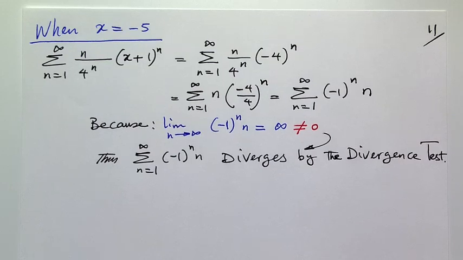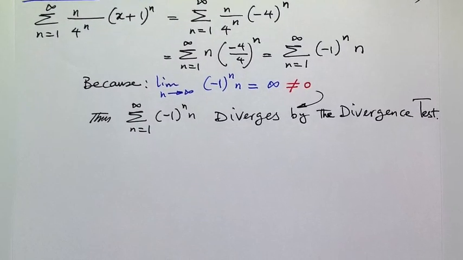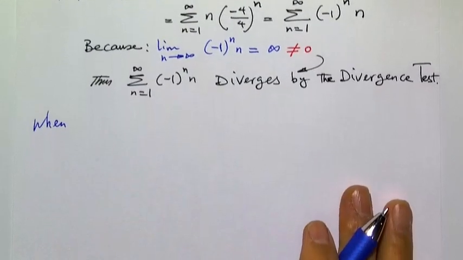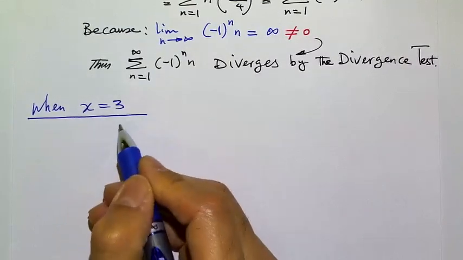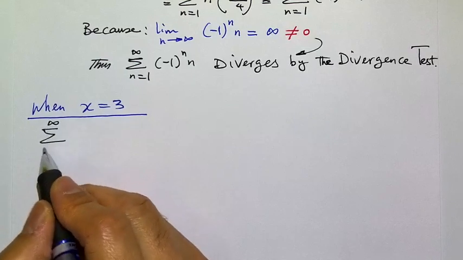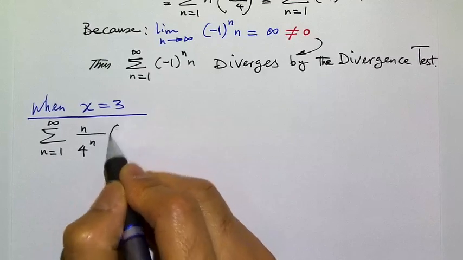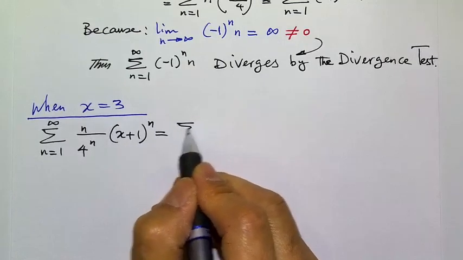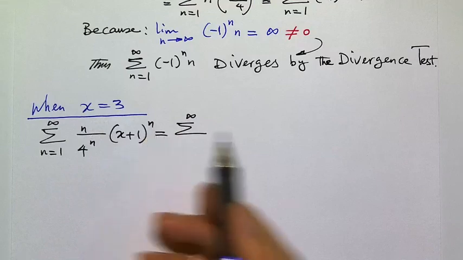So what happens when x equals 3, the other endpoint? Let's take a look at that. So our original series was this. And then we substitute for x with 3, we get 4 to the n, right?